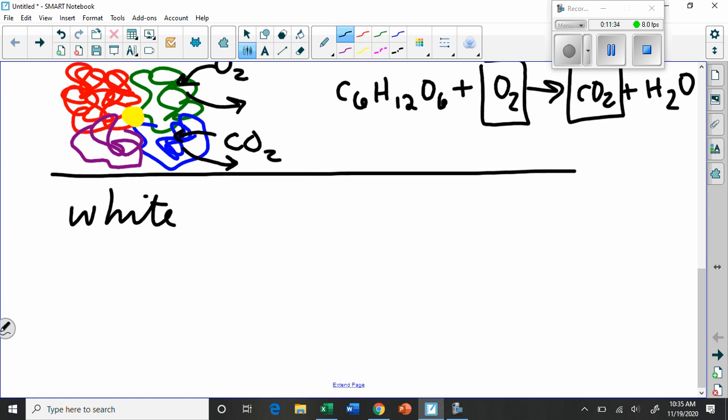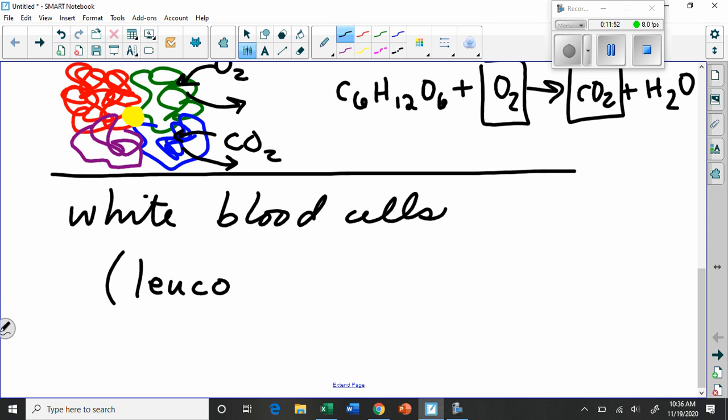Maybe you want to put a line under there. The word we use to describe these primarily is leukocytes. So erythrocytes and leukocytes. But there are many different types of leukocytes that do slightly different jobs.